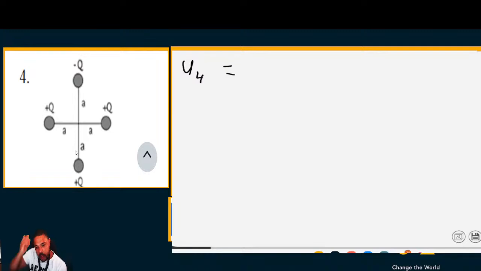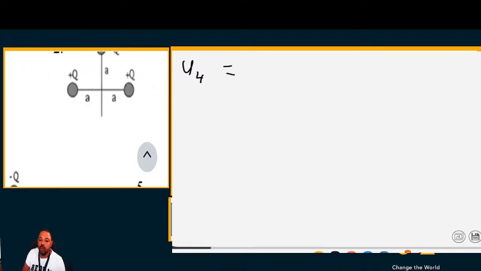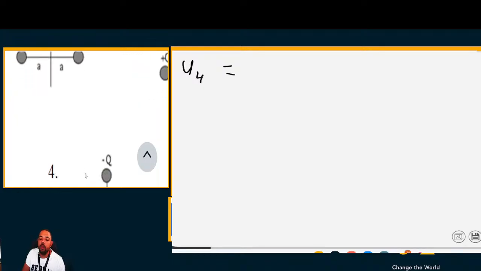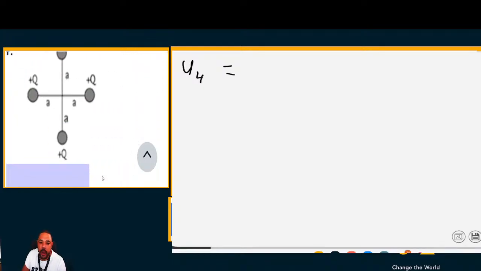You can work out the same setup as we did in number 2, and then add each one of them with the new additional charge. So you take the one that we had for number 2, and combine each one of those charges with the one at the bottom that has been added.